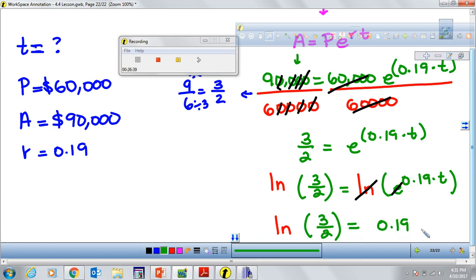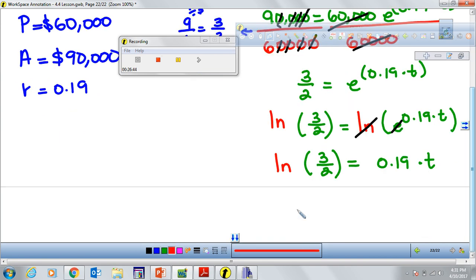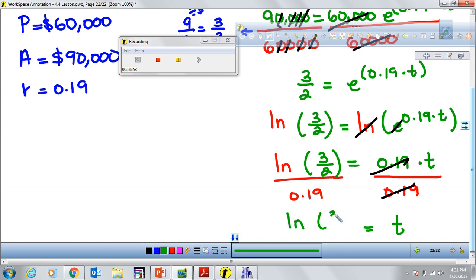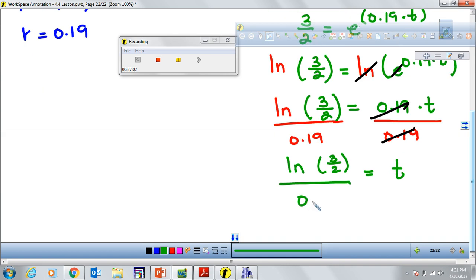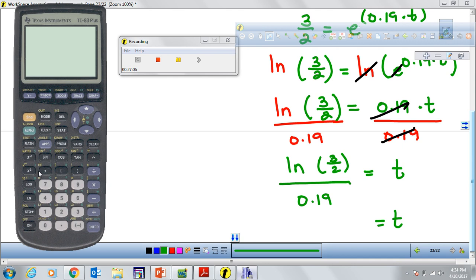So then we get 0.19 times the time. And then we divide both sides by 0.19, so these two cancel. And the time is going to be given by ln of 3/2 divided by 0.19.